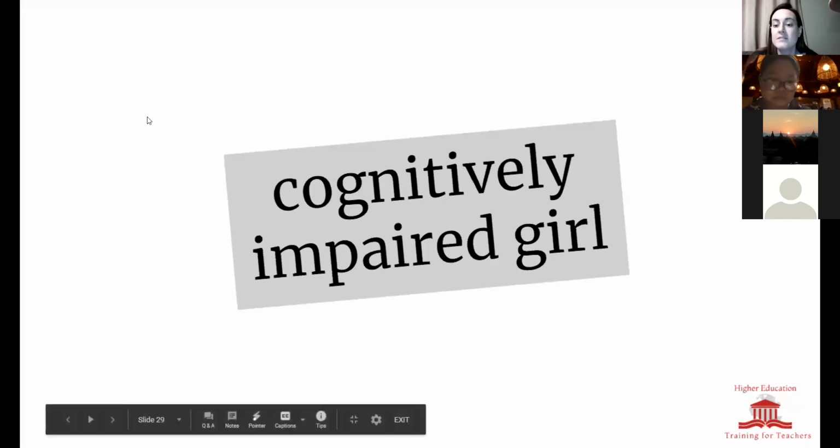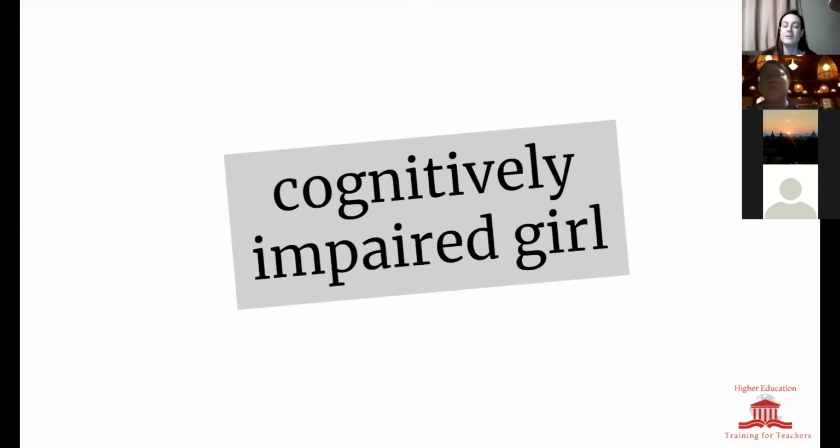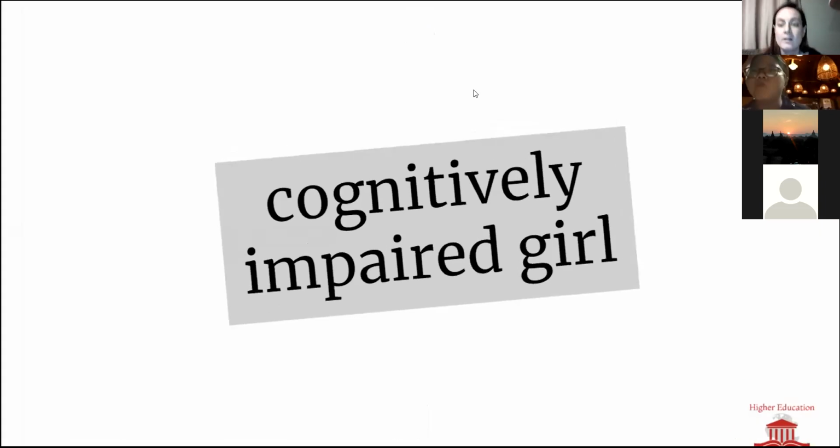A cognitively impaired girl. Good. Cognitively impaired girl, how do you make that more person first? Child with developmental problems, could be.